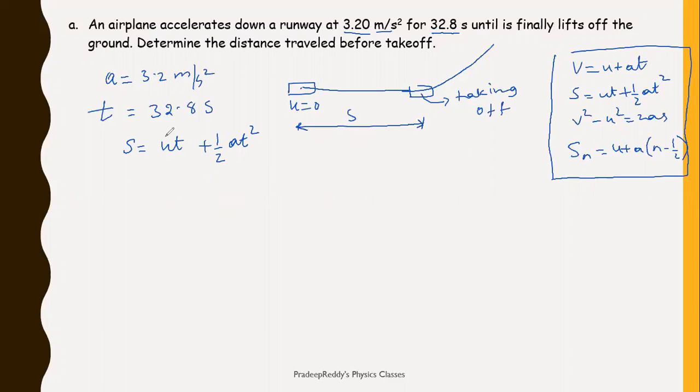The first term is 0 because the initial velocity of the aeroplane is 0, so it is 0 into t plus half into the acceleration given, 3.2 meter per second square, into the time taken, 32.8 second.